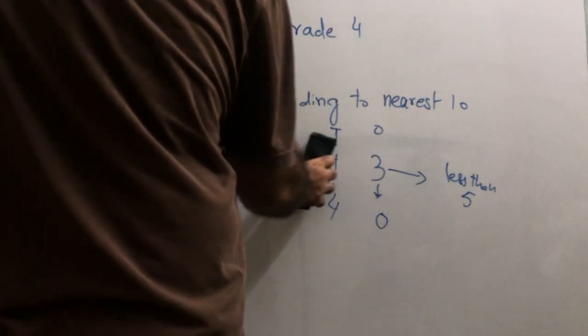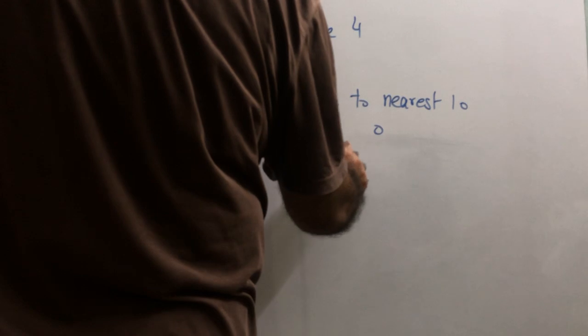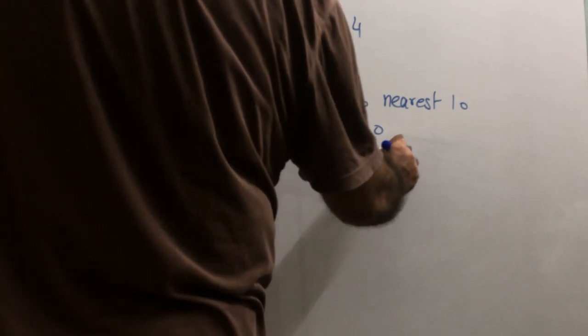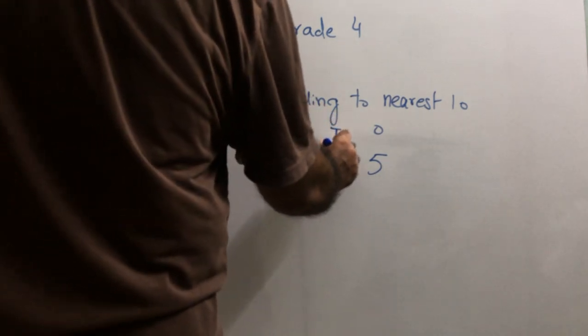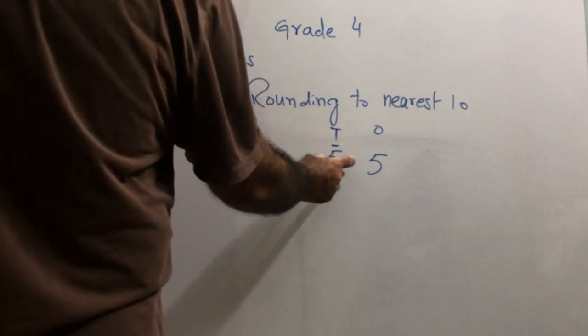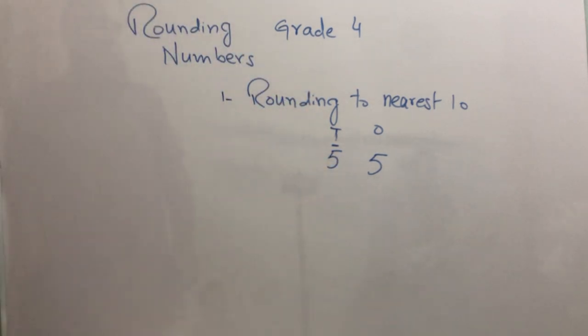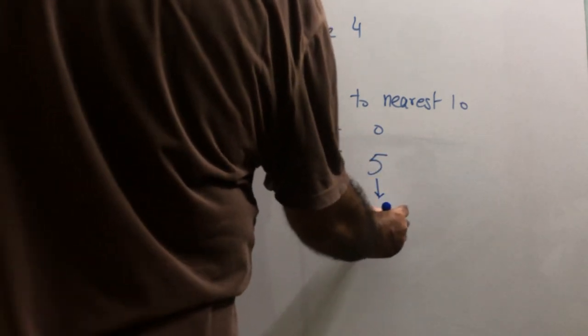Okay, then we move to another one. 55, we need to round it to nearest 10. So place a symbol here to keep in mind that you are rounding to nearest 10. When we are rounding to nearest 10, the first step is that the ones place becomes automatically 0.